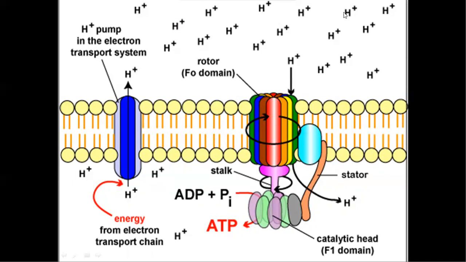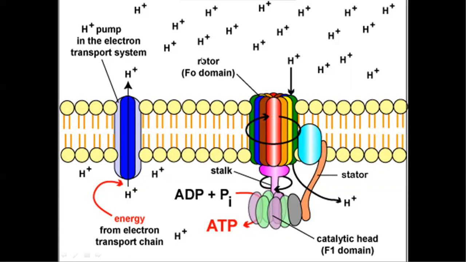Due to the higher gradient of H plus ions here, these H plus ions try to come inside through this ATP synthase. This is the ATP synthase enzyme, which contains two important parts. This is the first domain, and this is the second domain. This domain is called the F0 domain and this domain is called the F1 domain.